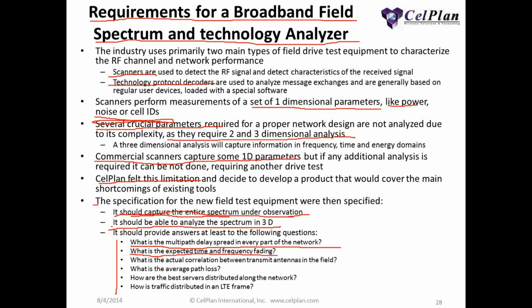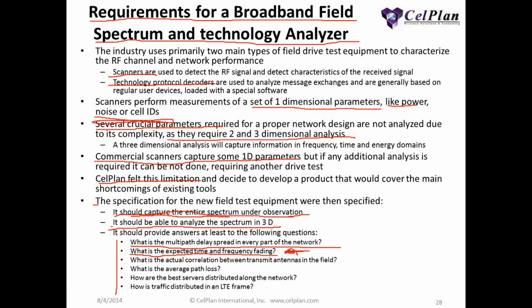Fading will imply the amount of margin that we have to give to our design for a certain reliability. So it's an essential parameter. It varies with location. We had test equipment that can measure in one location or another, but it really would not allow us to drive test and so on.